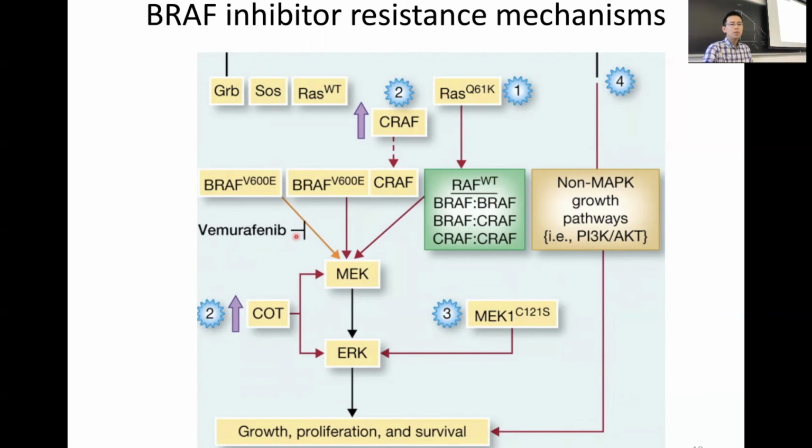And the BRAF inhibitor can only block this single pathway, but there are so many other ways. You can either activate some alternative pathways or simply activate some key genes downstream or upstream, which means a single hit is far from sufficient to block the downstream cancer cell growth.